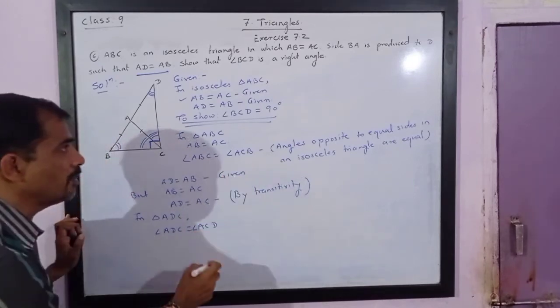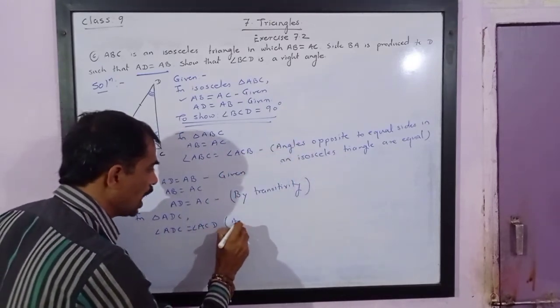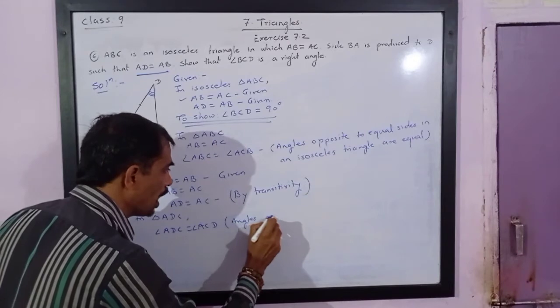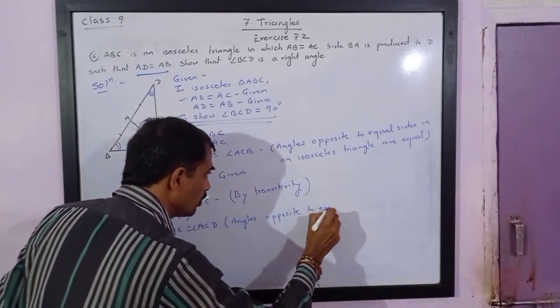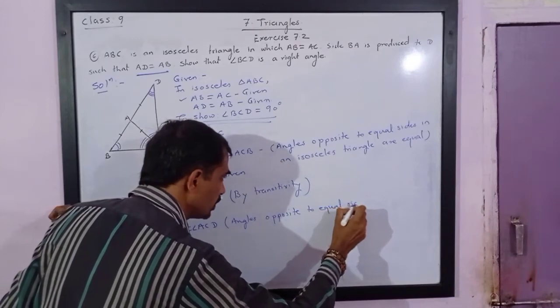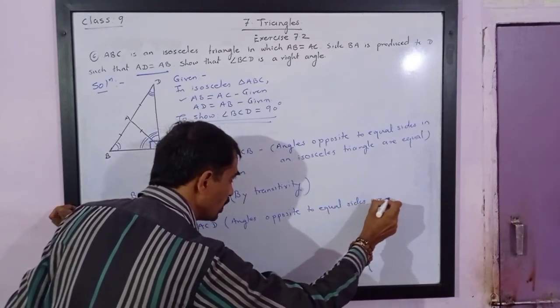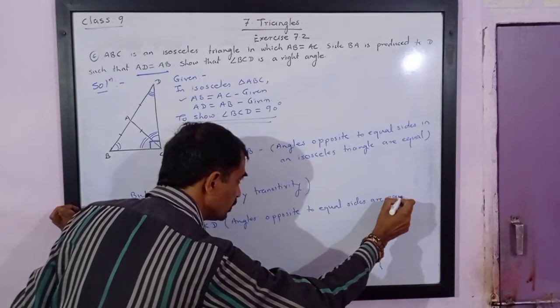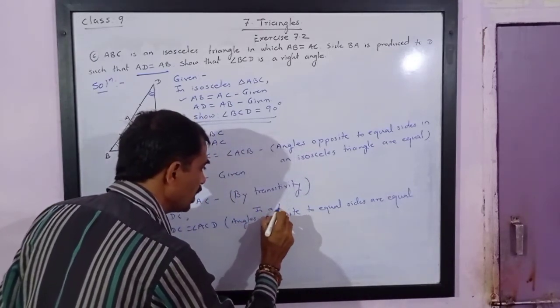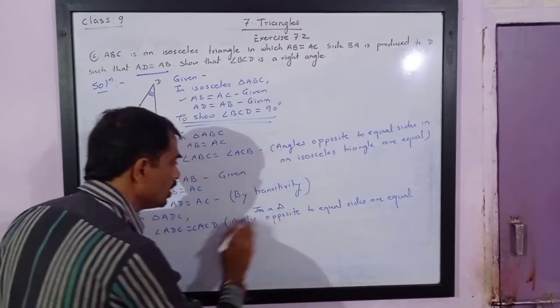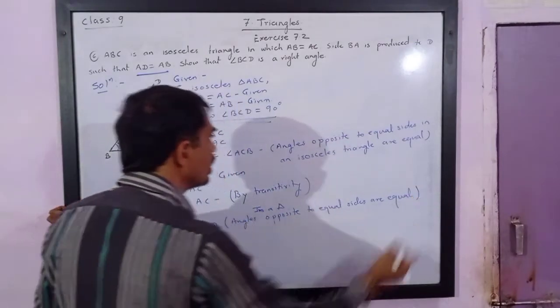Reason is again the same: in a triangle, angles opposite to equal sides are equal.